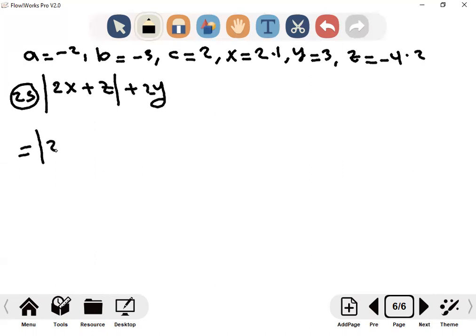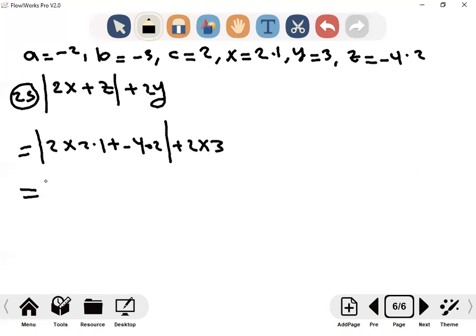This is equal to 2 multiplied by x, which is 2.1, plus z, negative 4.2, plus 2 multiplied by y, which is 3.